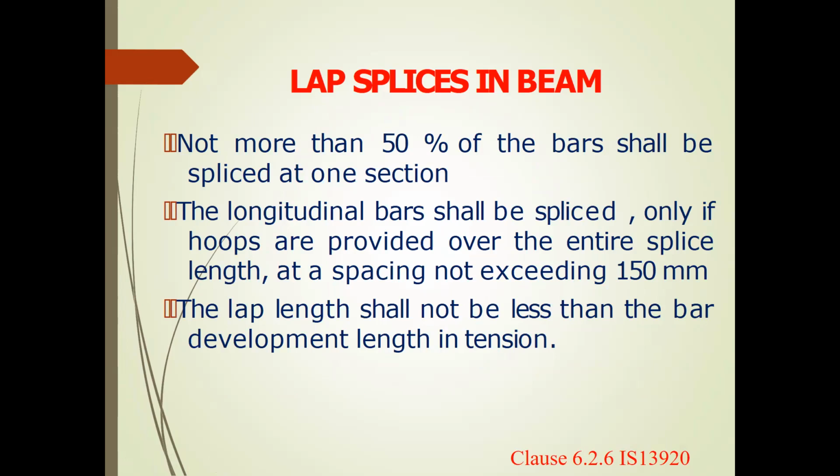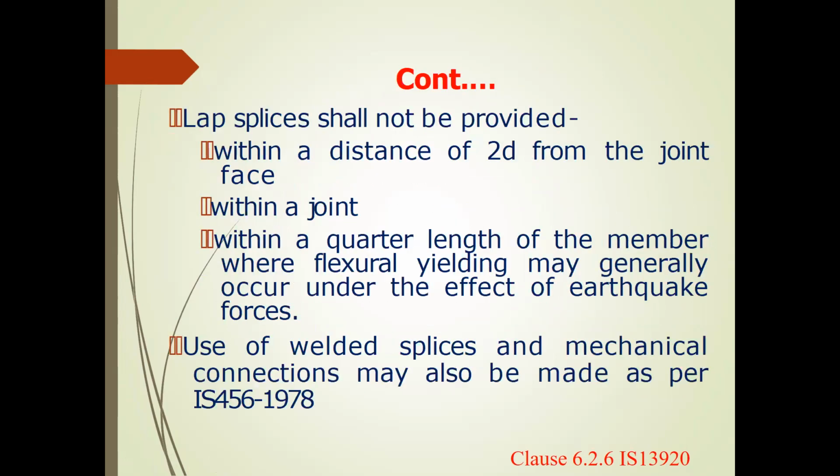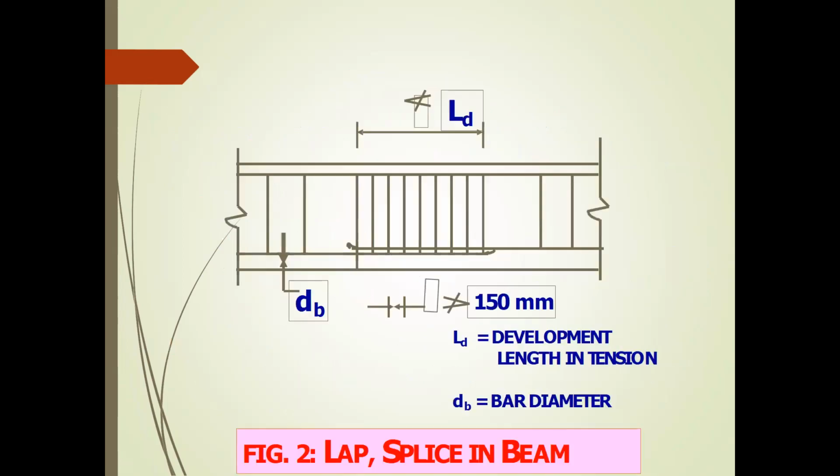You can refer clause 6.2.6 of IS 13920. Lap splices shall not be provided within a distance of 2d from the joint face, or within the joint, or within a quarter length of the member where flexural yielding may generally occur under the effect of earthquake forces. Use of welded splices and mechanical connections may also be made as per IS 456. Refer clause 6.2.6 of IS 13920.